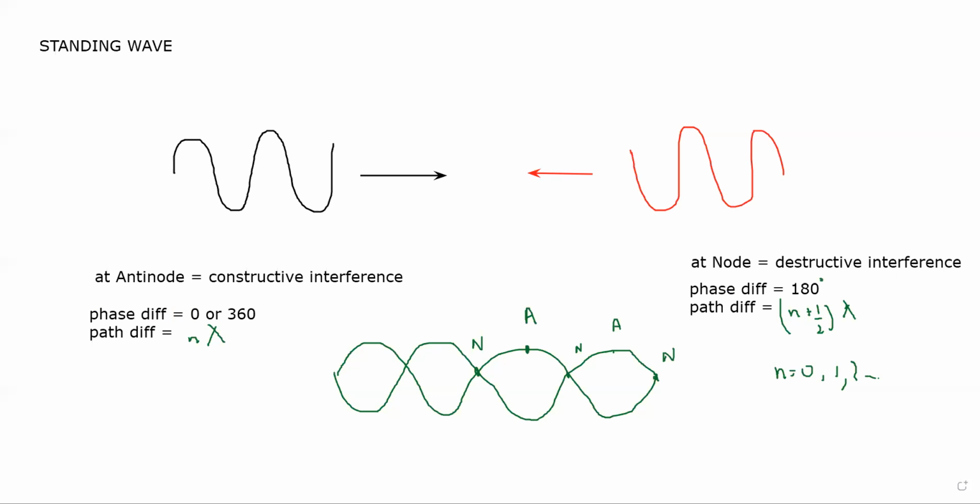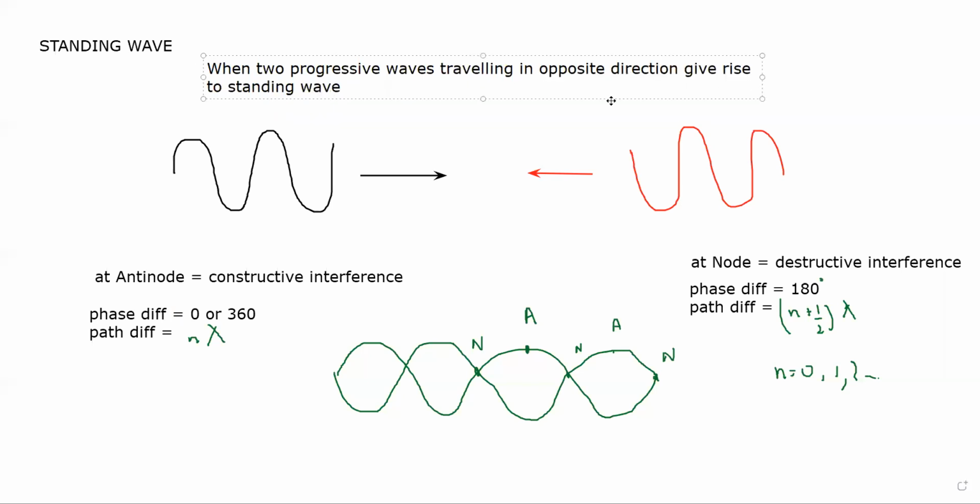Is the concept of standing wave clear? The interference of the two waves results in a standing wave.